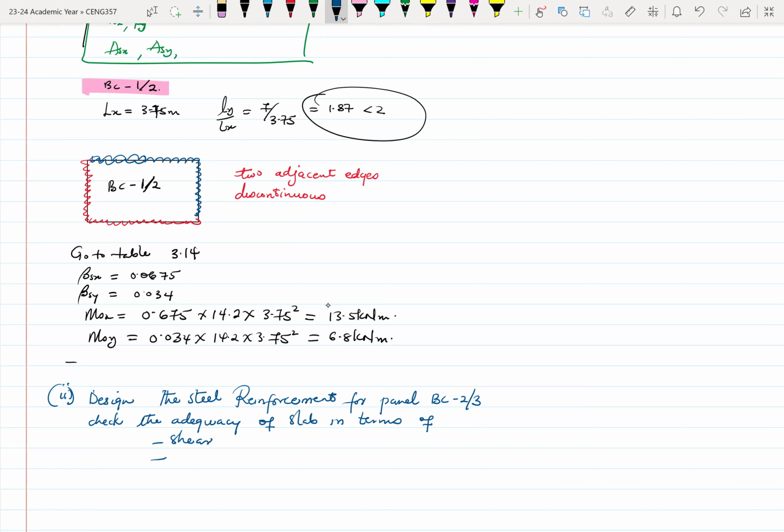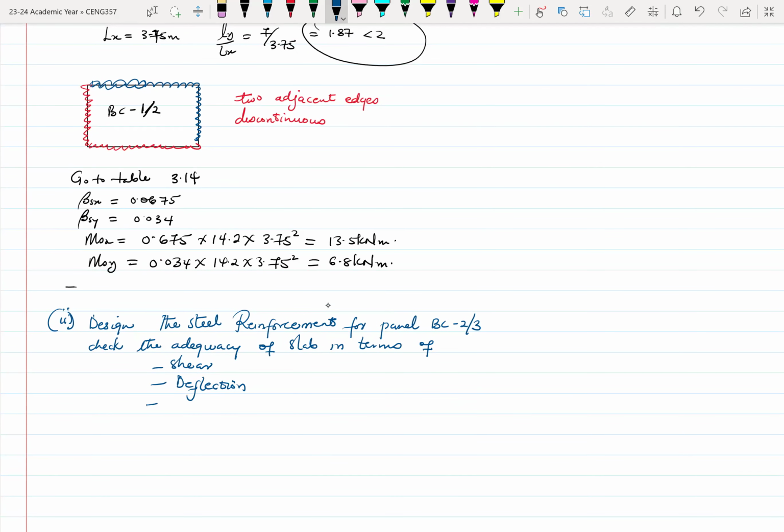Maybe I can touch on deflection a bit more. Then it says illustrate the reinforcement details. Let me just write reinforcement.